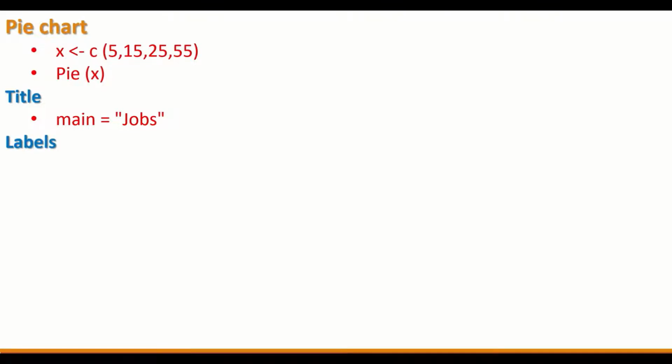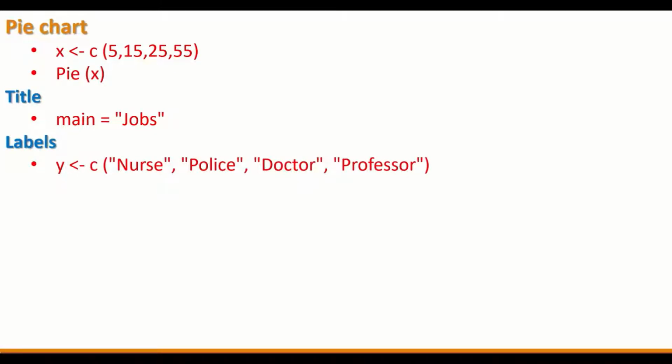To also insert labels for the sections within the pie chart, insert the following vector to define each one of those sections by typing y <- c( and then inside the bracket, in quotation marks, the label of the first section, comma, the label of the second section, comma, the label of the third section, comma, and the label of the fourth section, as we have here 4 sections.